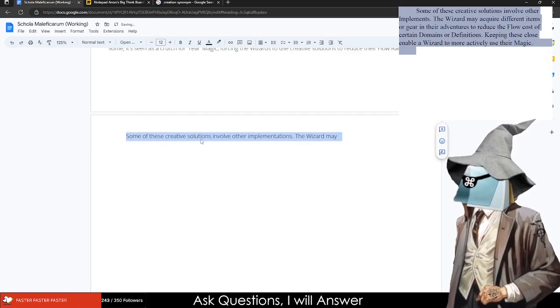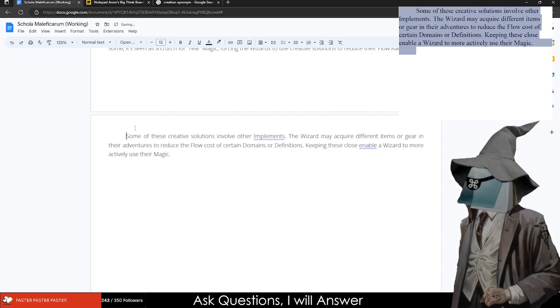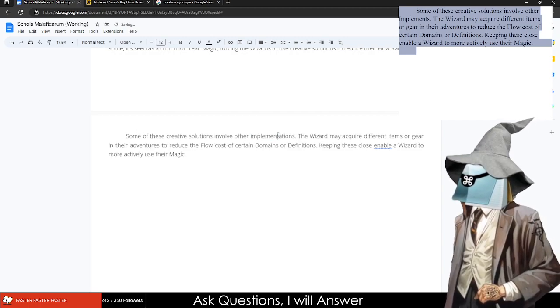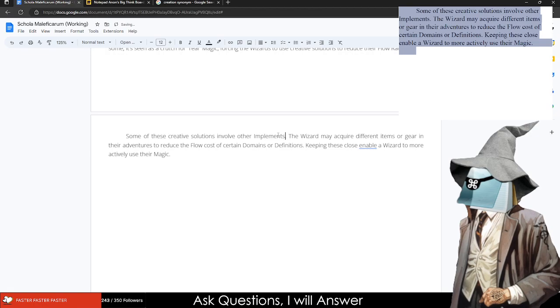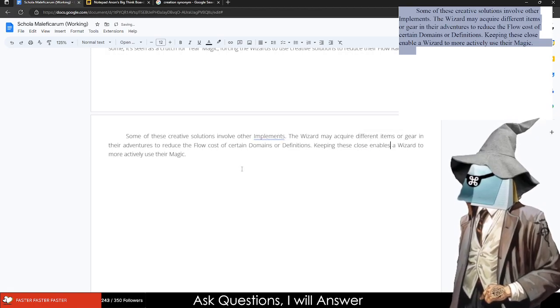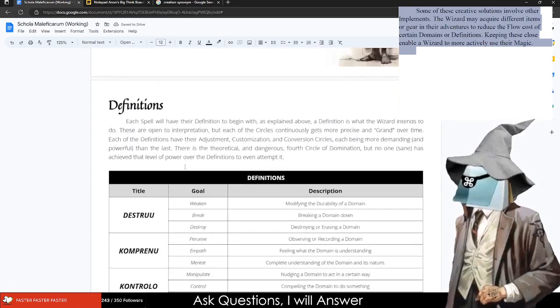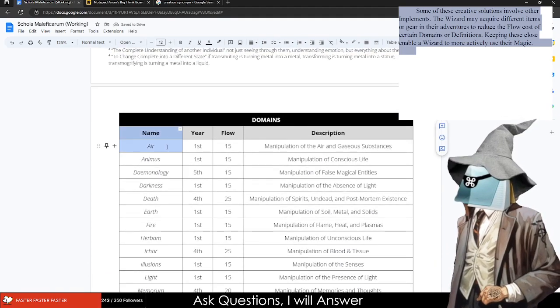Oh, didn't mean to hit that. We do that. Involve other implements. That's what I'm calling them, they are called implements. Enable wizard to actively use magic. Go back up here.